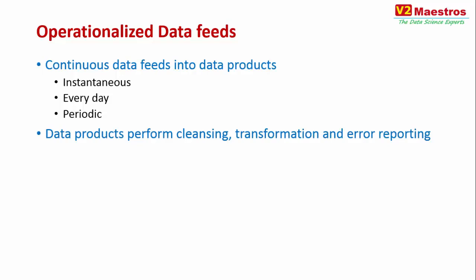And of course, as we talked about, data products perform all the cleansing, transformation, and error reporting. Error reporting is a key thing you want to be doing here. And finally, pruning of old data might be necessary. As you keep accumulating data, there is going to be a lot of data, especially once you transform it to the form you want. All the raw data, you might want to keep for 10 days, 15 days, and then prune it out.